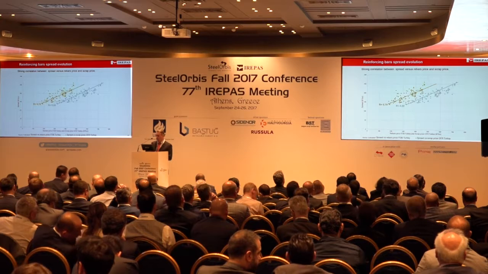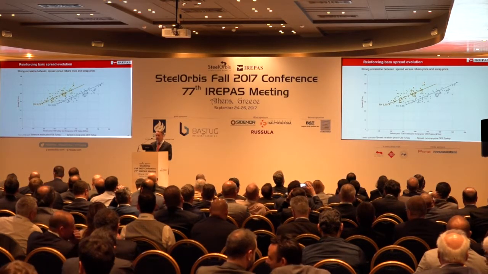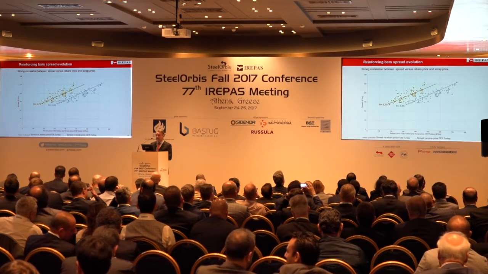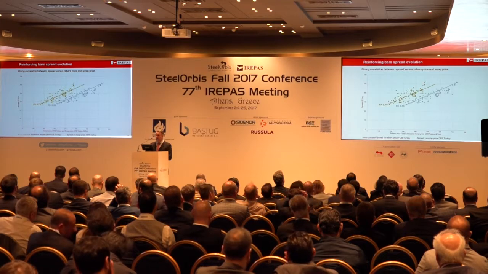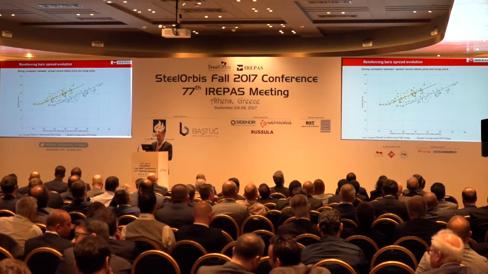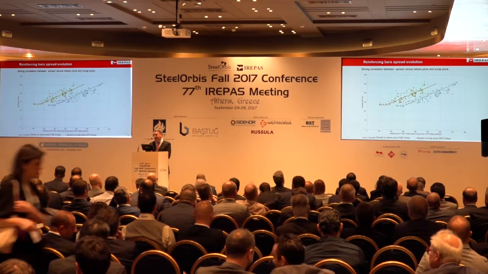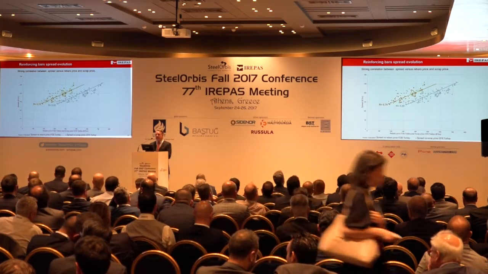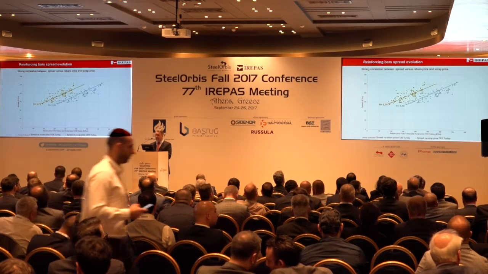So you can realize that there is a big correlation between the three variables. The correlation between scrap and spread is 0.79. This is the correlation index. And between rebar's and spread it is 0.88. And this is reasonable because till now, scrap has been the main driver of the cost of the rebar's producer.